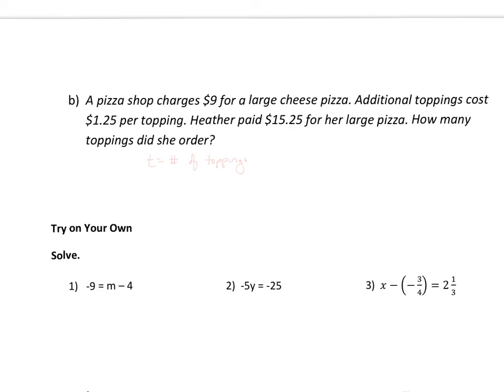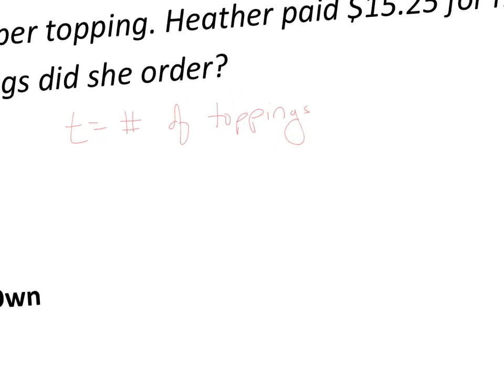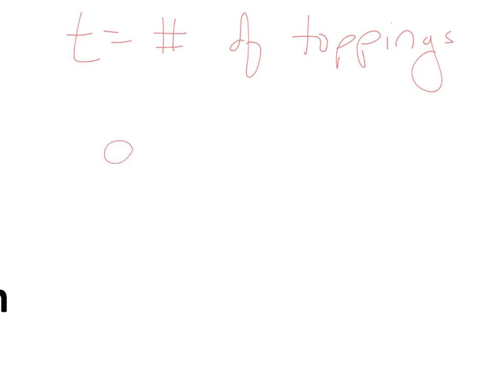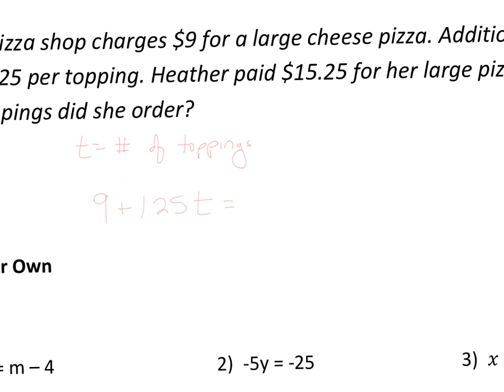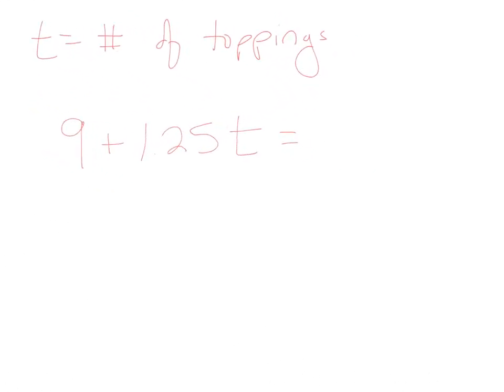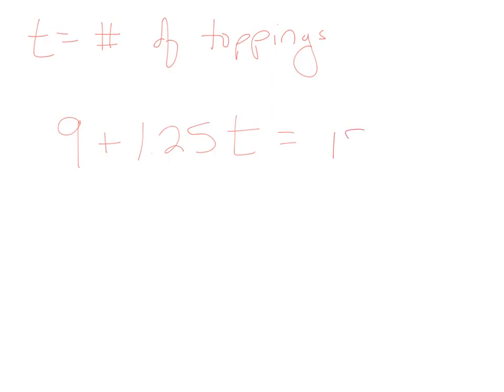When I start writing this out, it's $9 for the pizza, then $1.25 for each topping, which is just T for right now because we don't know how many toppings we've got. And then they gave us a total. They told us that she paid $15.25 for her pizza, so $15.25 is her total. Now we're going to do a little solving.